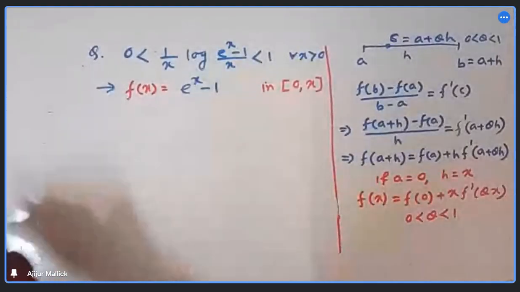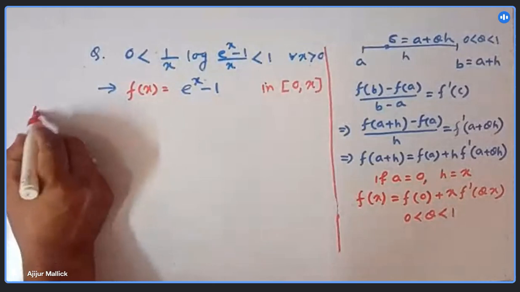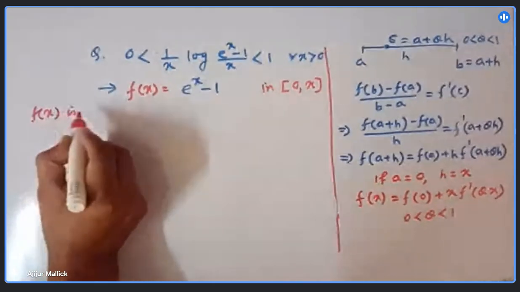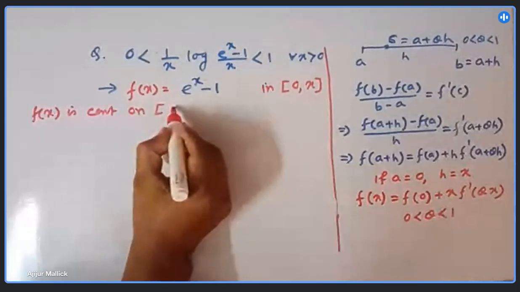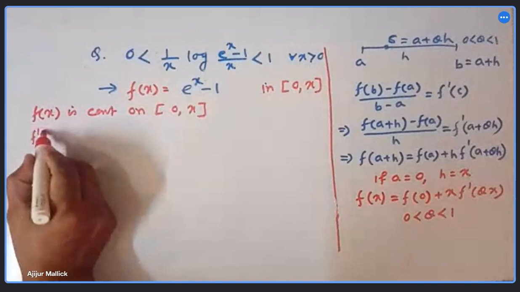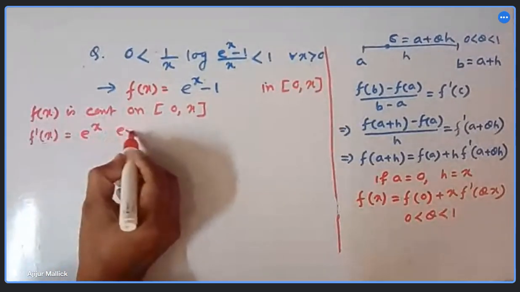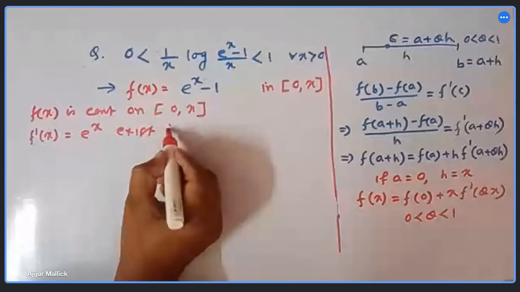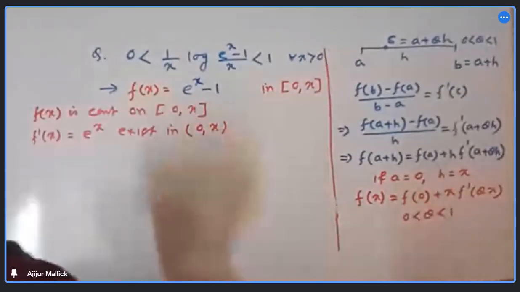Write. Then f(x) is continuous on the closed interval [0, x]. f dash x is equal to e to the power x, which exists in the open interval (0, x).